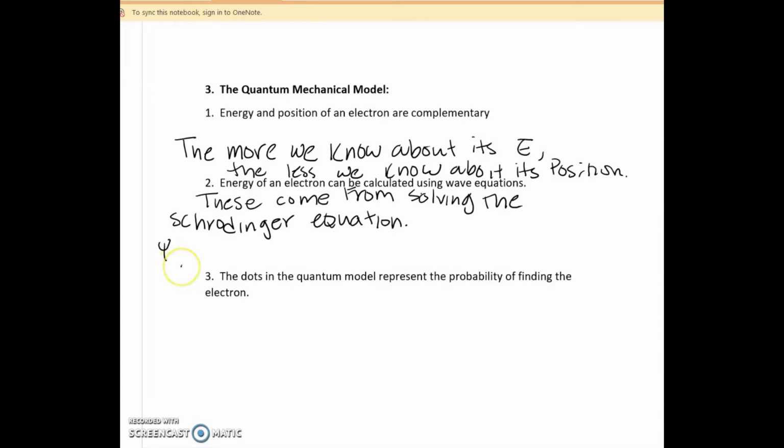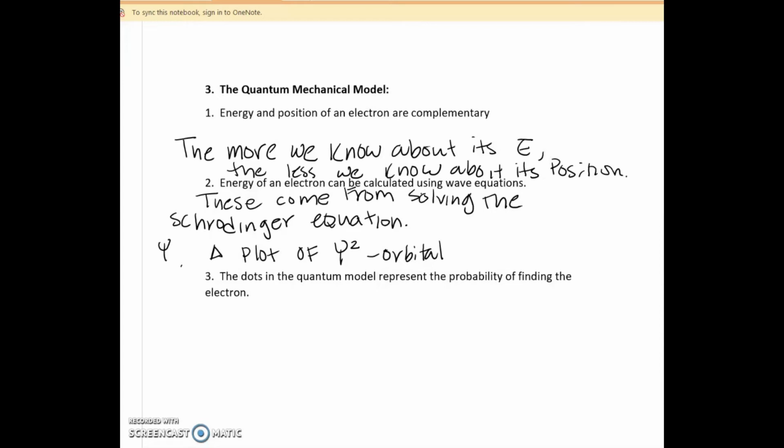And a plot of psi squared represents an orbital, a position or probability distribution map of our electrons.